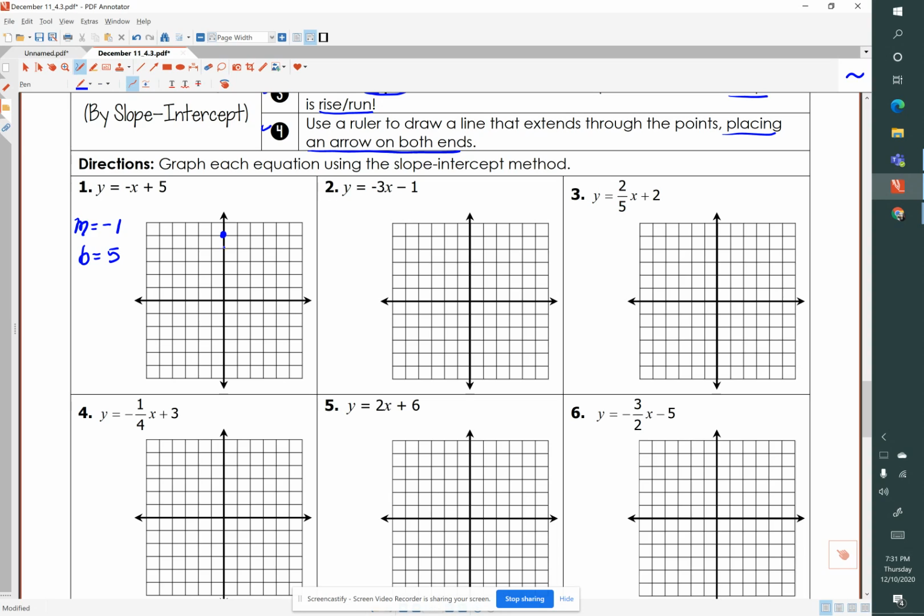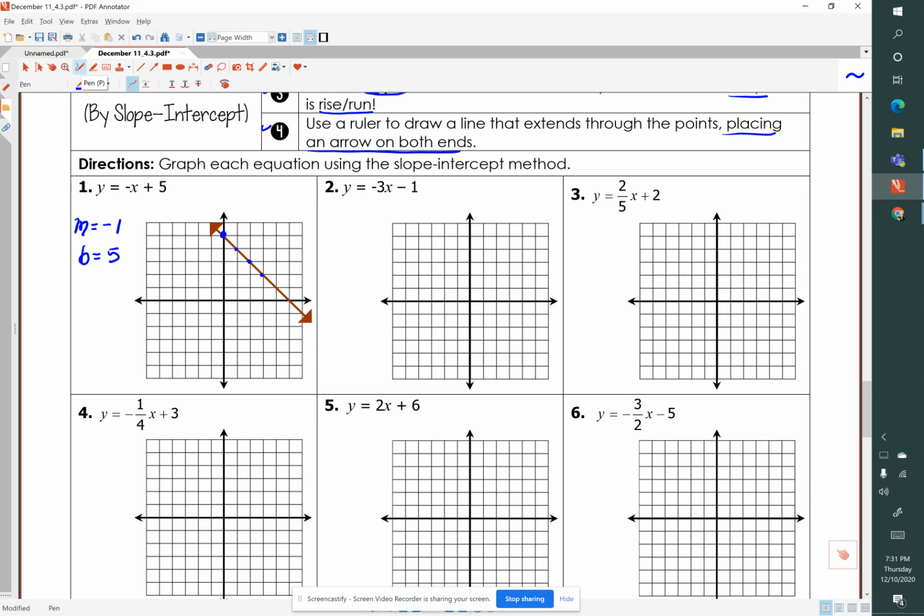So down 1 and over 1, down 1 and over 1. You want to graph more than 2 points just to get this perfectly. Okay, so then we're going to put our line and try to make it as careful as we can with an arrow on each end. There it is.